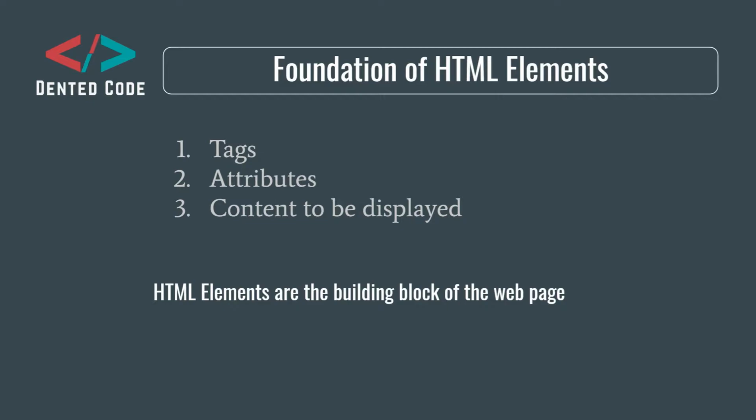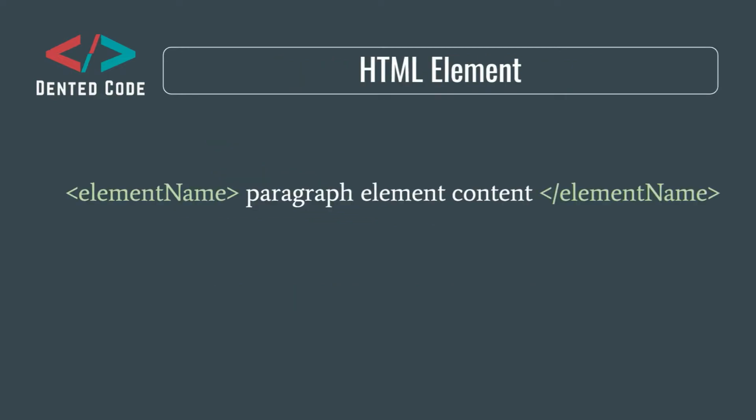So let's look into tags in a little more detail. What is a tag? The combination of tags forms an HTML element. As you can see here, the element's name goes inside two angle brackets, an opening angle bracket and a closing angle bracket, and this is an HTML tag.